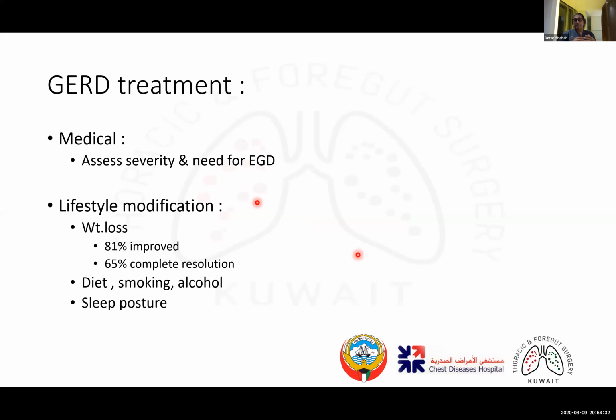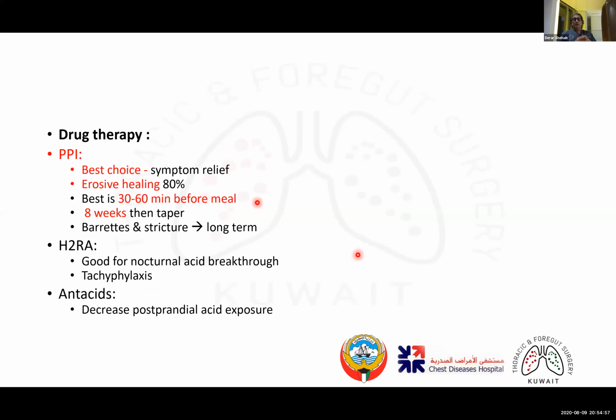For example, a lot of foods increase the relaxation of the LES, for example mint, chocolate, garlic. Those kinds of foods will relax the LES more, or decrease the pressure of the LES, and increase the reflux into the esophagus. So number one is lifestyle modification.